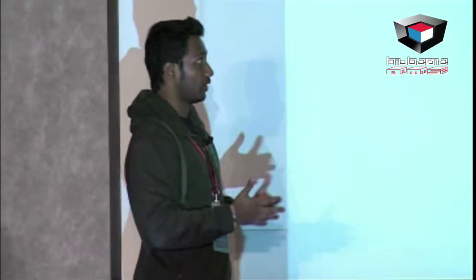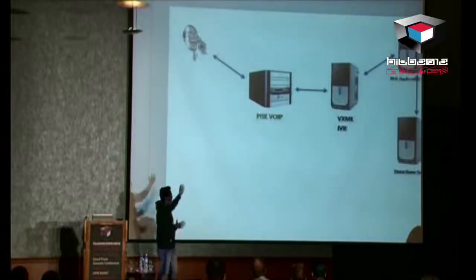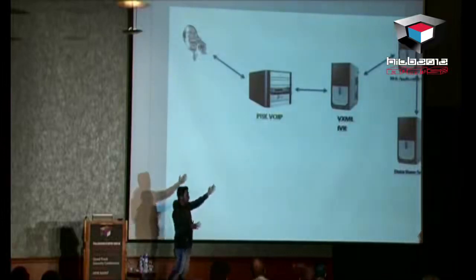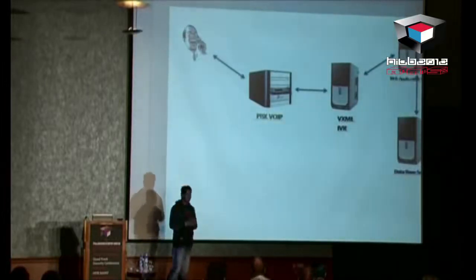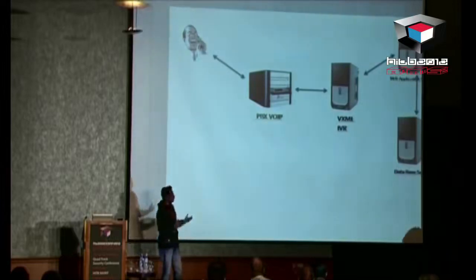Now the PBX knows that the call has to be rerouted to the phone banking application. So the PBX converts it into a voice over IP call and sends it to the VXML IVR server, where the banking application resides. If I make a call to 333, now the PBX knows that this call has to be routed to the support center. So it is routed to the support VXML application.